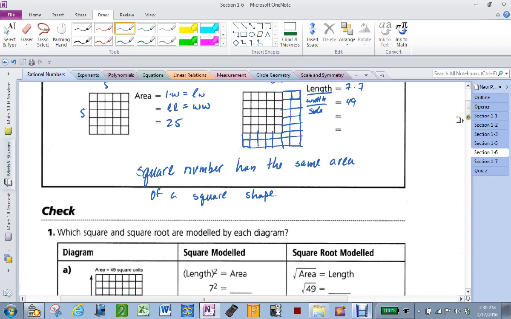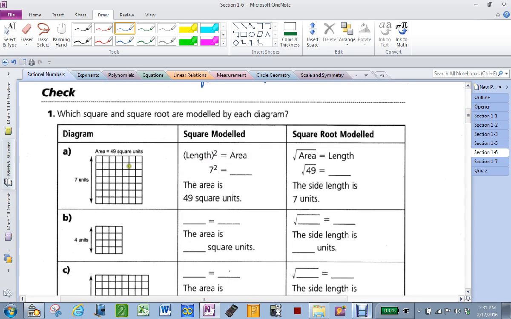All right? So now the question becomes, as I asked in class, are there more squares or square roots? Remember. So here we go. I got 7, so 7 squared is 49. So the square root of 49 must be 7.